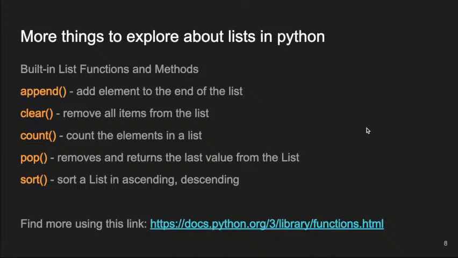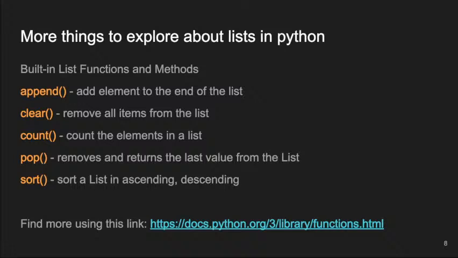So there are many list functions. I've just given a few here on this slide, but as you go online, particularly to the Python documentation using this link here, you see some of the functions of lists. You can also Google and find out more list functions that Python has.